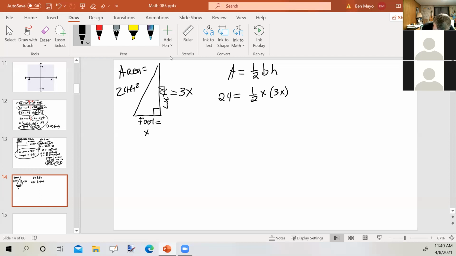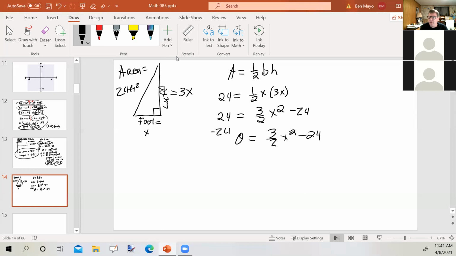Simplifying the right-hand side of the equation, 24 equals 3/2 x squared. Do you see where I got the 3/2 and the x squared there? Okay. All right. I'm going to put this thing in standard form by subtracting 24 from both sides. And let's see. I have an equation with fractions.